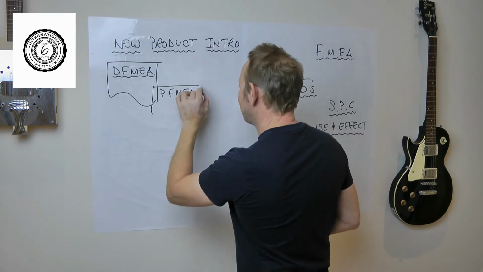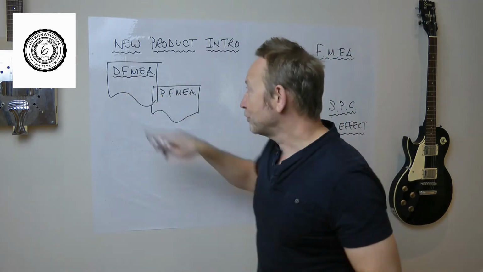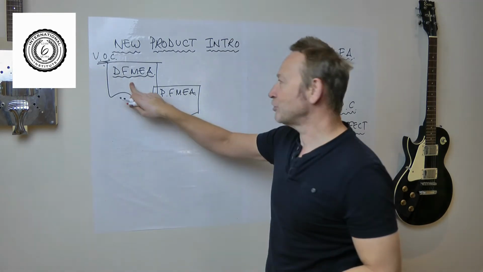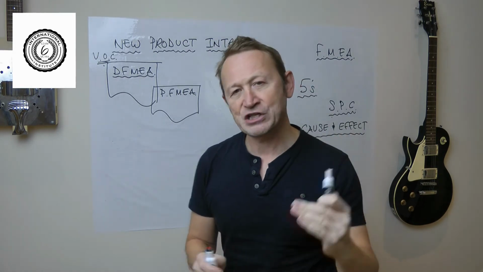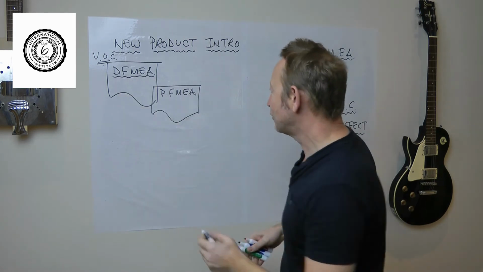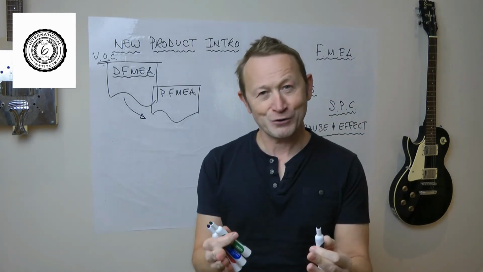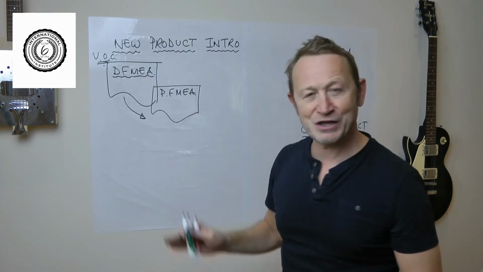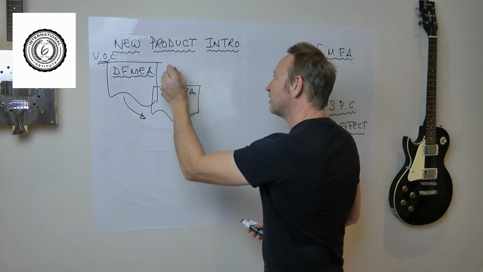What the design FMEA is doing is turning the voice of the customer, so that all the tolerances and the design intent sit in here. This is the designer's thought process. The designer's thought process then passes all the information, like tolerances and surface finishes, into the process FMEA. Now this is the working document of the process engineer.